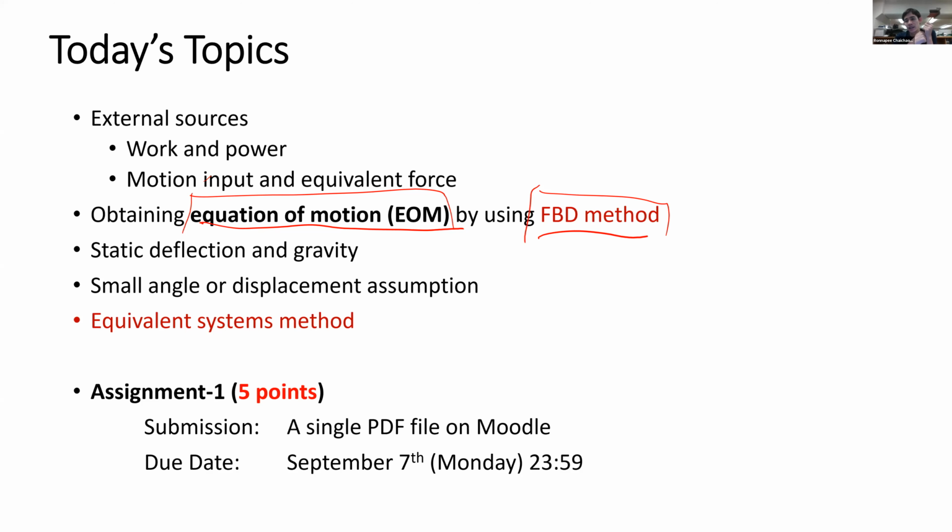So maybe it's not easy to do. The equivalent system method takes advantage of the equivalent properties that we derived last week to compose an equation of motion. It's a good alternative, and we will learn it today.